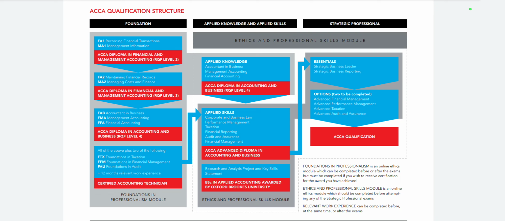And then we move on to the applied skills level. The applied skills level has Corporate and Business Law, that's LW, and then PM, performance management, tax, financial reporting, audit and assurance, and financial management.